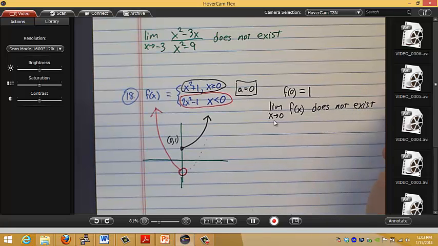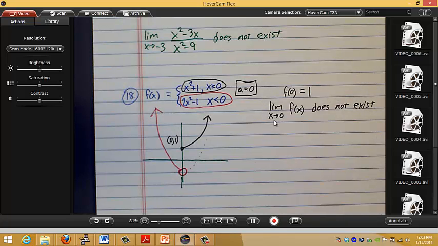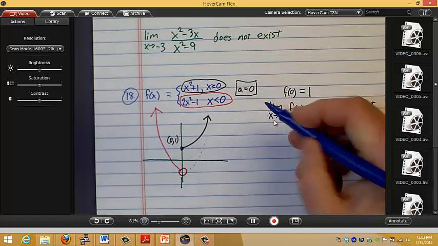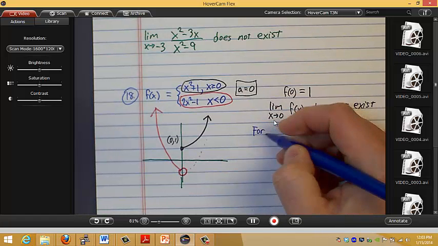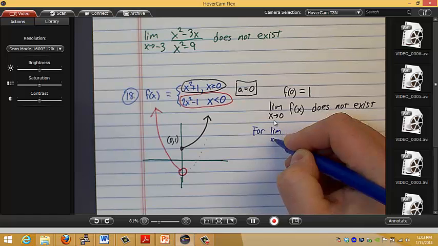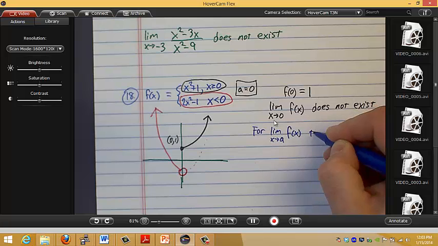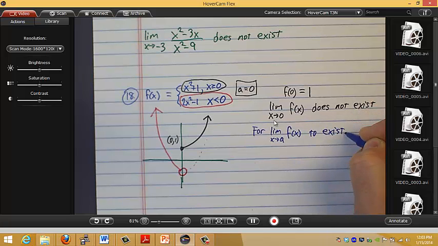Why? Because the function is not continuous. There's that word again. I'm about to give you the definition of continuous. But let me say a little more, okay? For the limit as x approaches a of f of x to exist, we need the following.